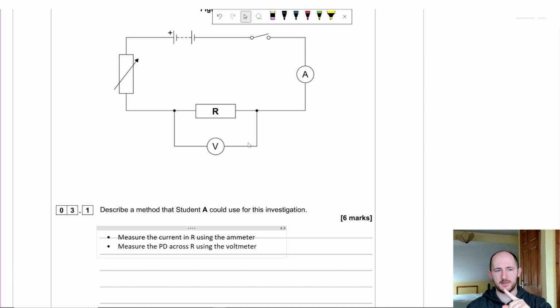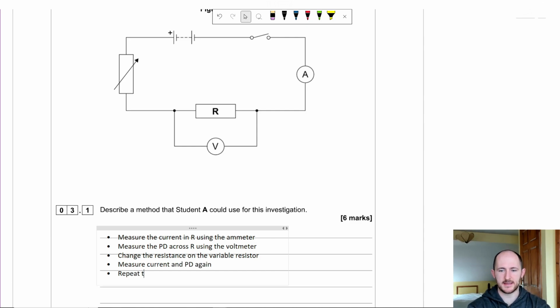But before you repeat that, what you're going to do is change the voltage by changing the resistance on the variable resistor, and then measure current and PD again.